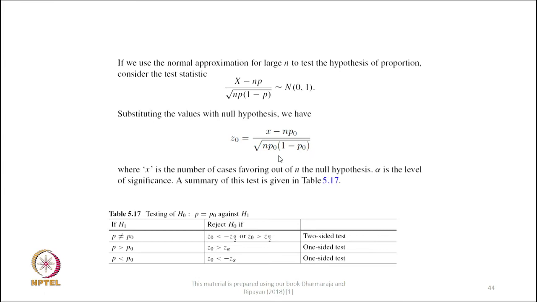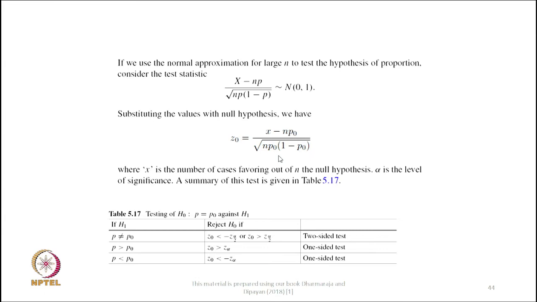So, we have step 1, that is the null hypothesis and alternate hypothesis. Step 2, we have a test statistic. Step 3, you get the value of the test statistic, that is z naught, that means small x minus n p naught divided by square root of n p naught into 1 minus p naught.